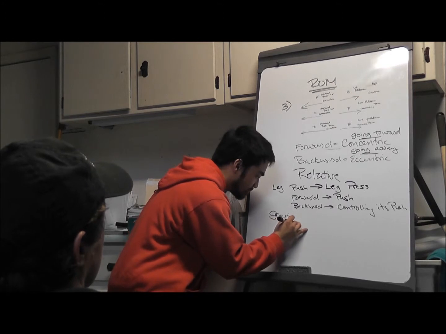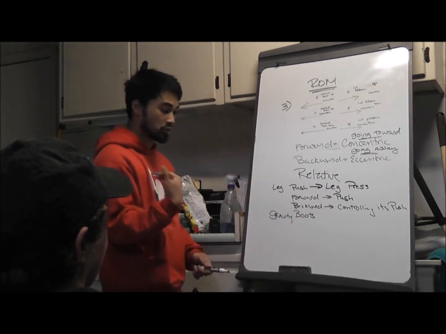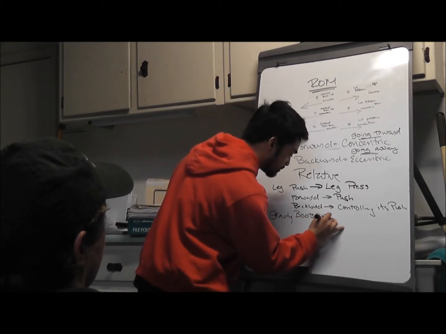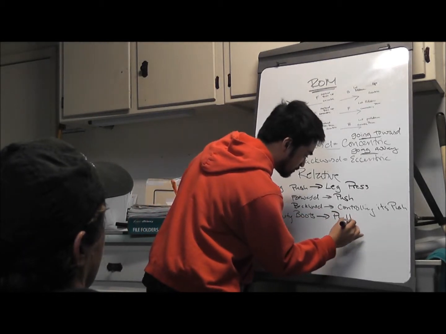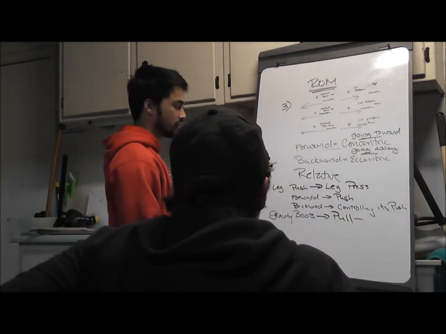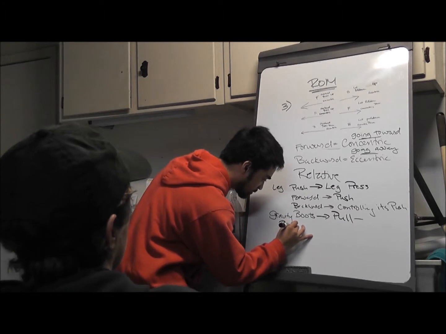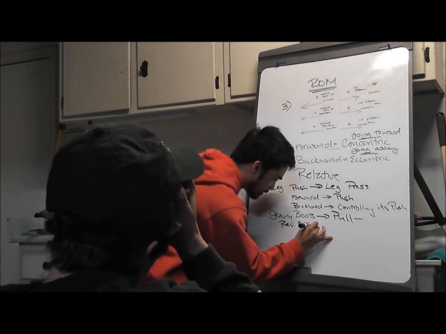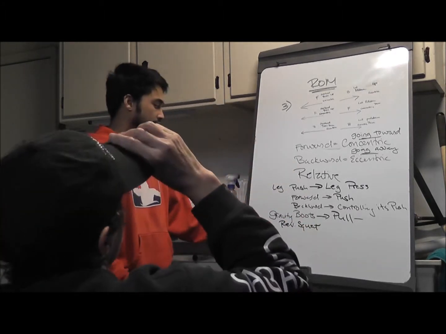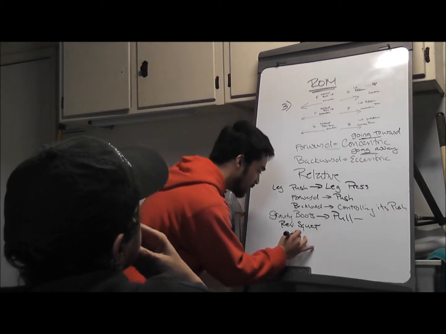That's the best way of thinking about it, because you can actually pull. Gravity boots allow you to pull. Another way is the reverse squat. Not a lot of people know what a reverse squat is, but it basically reverses the forward and backward.